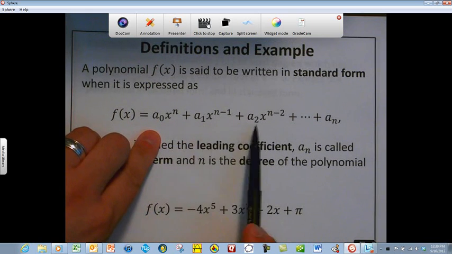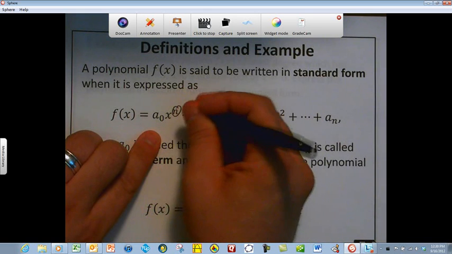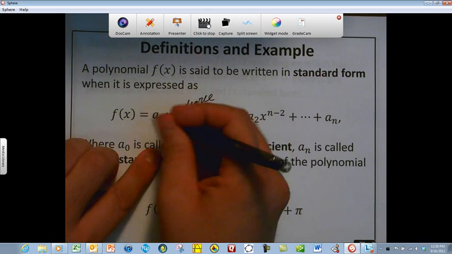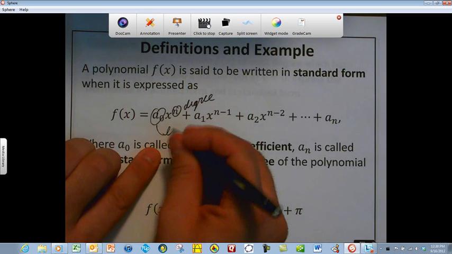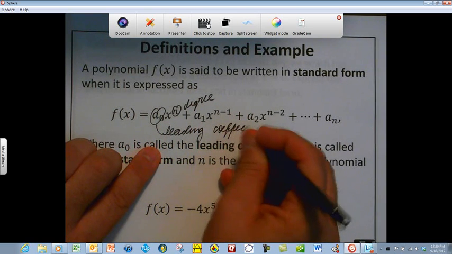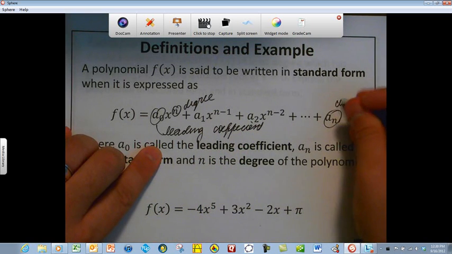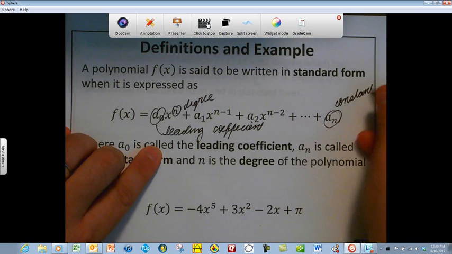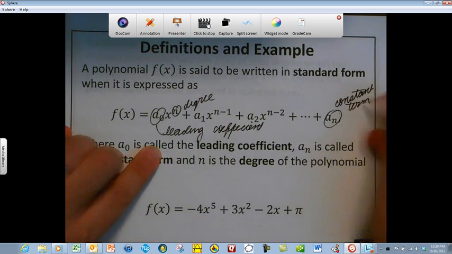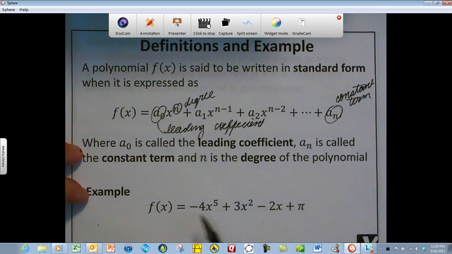Since we don't know how many there are, to list them A, B, C, D, E doesn't really make sense. So we generally do a sub 0, a sub 1, a sub 2. The degree is the n, degree n. A0 is that leading coefficient. And this last term, the a sub n, is the constant term.